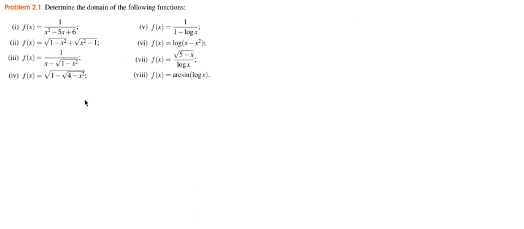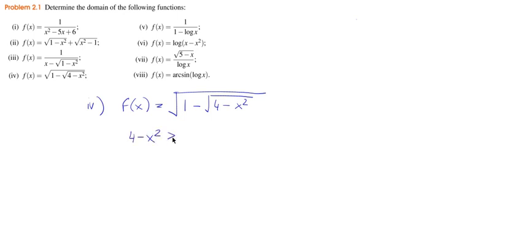Now let's do 4. f of x is the square root of 1 minus the square root of 4 minus x squared. Now again, we have two conditions. The first condition is that 4 minus x squared has to be greater or equal than 0, and the second condition is that 1 minus the square root of 4 minus x squared is greater than or equal to 0.